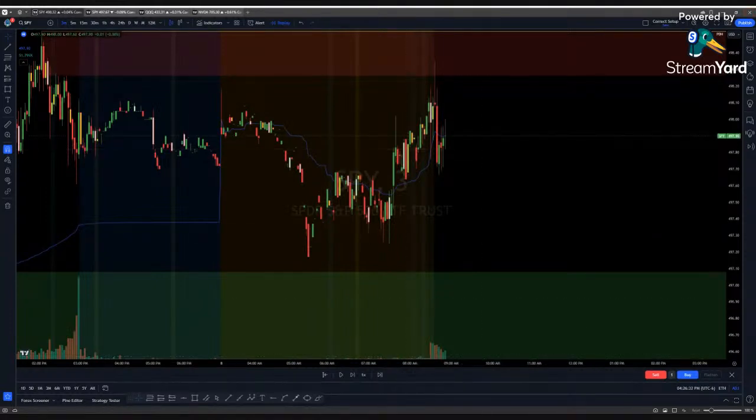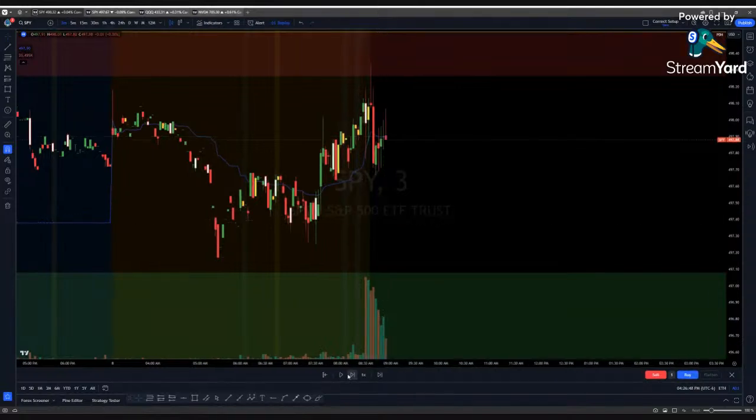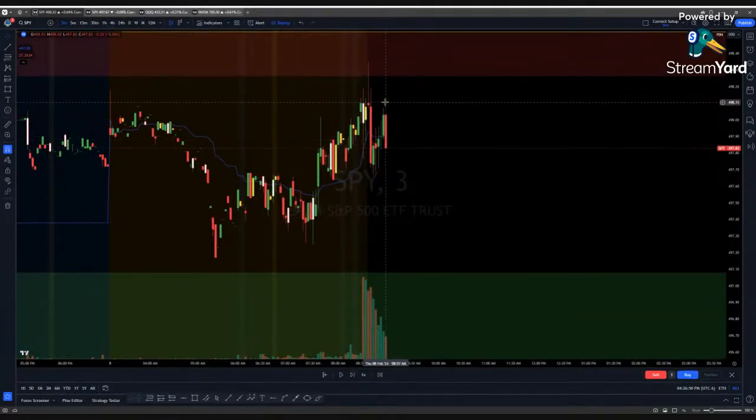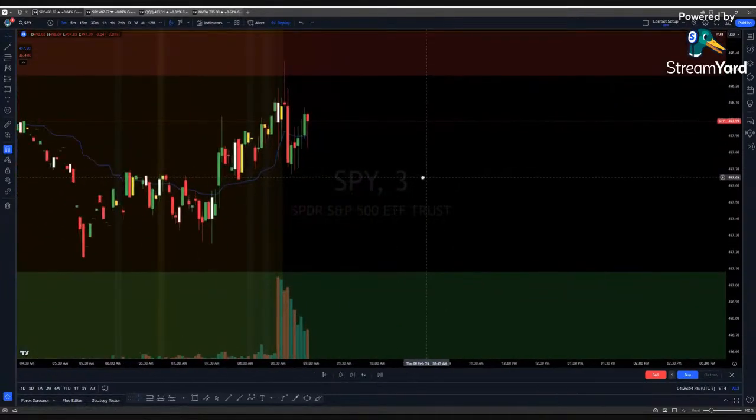We entered short around roughly what time was that actually? Basically 8:58. So around 8:58 we enter short. Let's keep fast forwarding. Okay, 8:57.